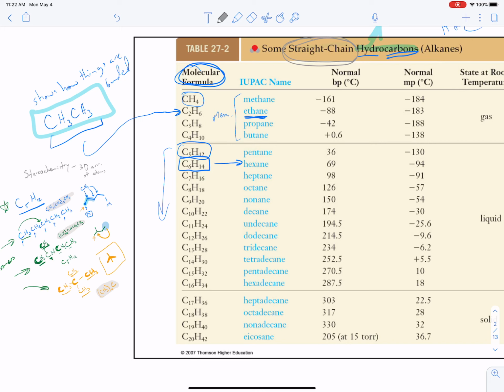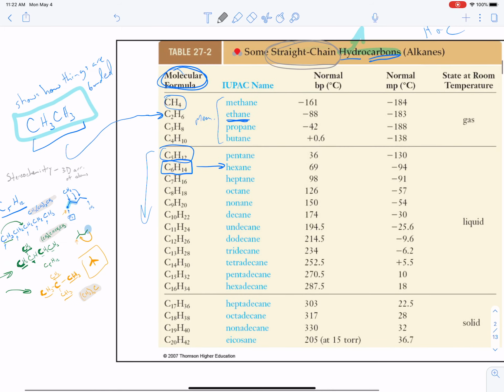And so what we find is, as we get bigger and bigger, pentane has a boiling point of 36. Hexane has a boiling point of 69. This one is bigger than this one, indicating that it takes more energy to boil it.